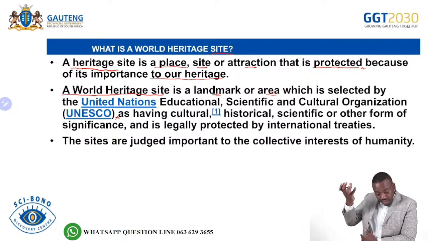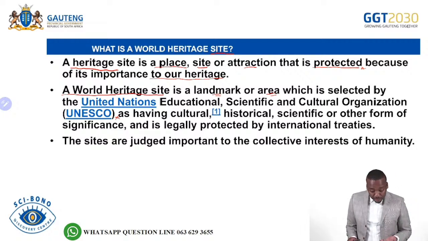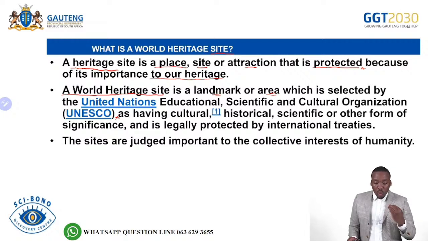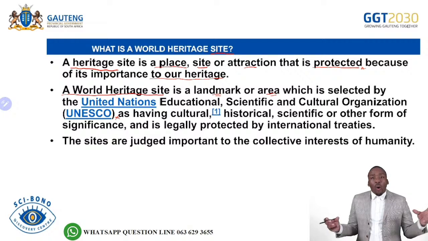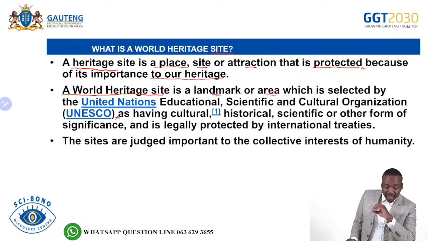So at the world level, for a place to be declared a World Heritage Site, it is a landmark or an area which is selected by UNESCO, the United Nations Educational, Scientific, and Cultural Organization. Why are they choosing this place? So that particular place must have some of the following elements.